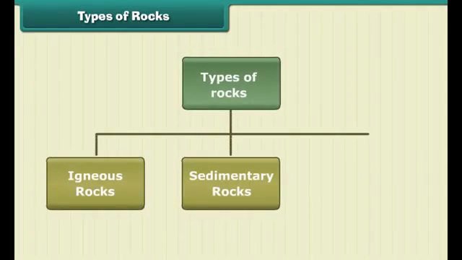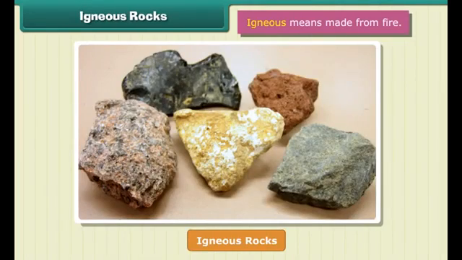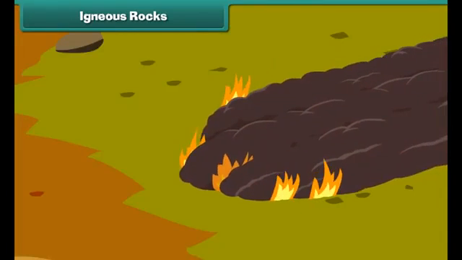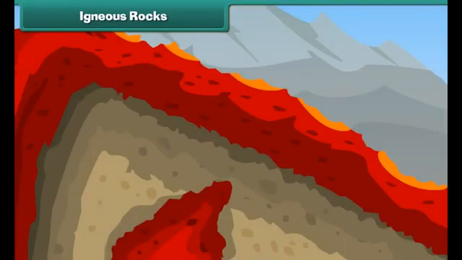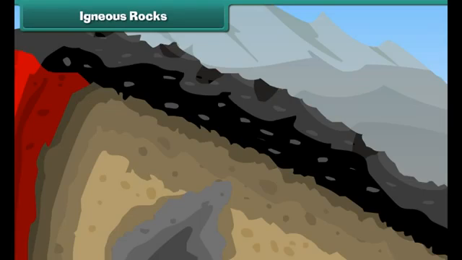We now know that the earth's crust is made up of various types of rocks. The three major types are igneous rocks, sedimentary rocks, and metamorphic rocks. Let's study about them in detail. Igneous means made from fire. When volcanoes erupt, it causes the liquid rock to rise above the ground.